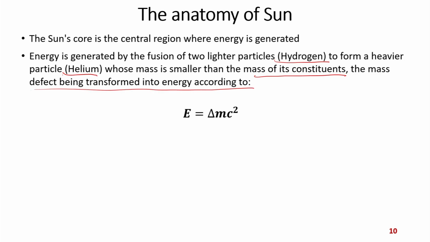This is the energy conversion, the relation given by Einstein: E = Δm c². Let us take an example: four hydrogen atoms, after the fusion, when they become helium, what is the mass difference. So, let us take the same example.